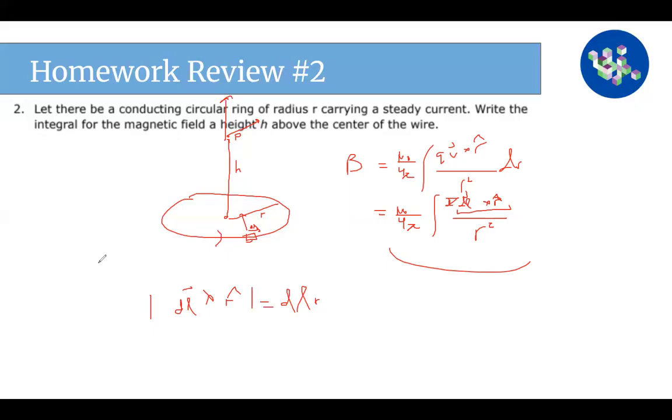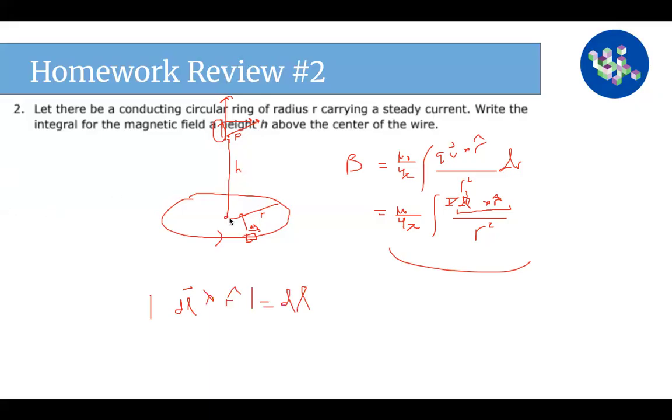So dl times the magnitude of r cap, which is just one, right? So dl. But I have that the dl crosses r has two components, right? A vertical component and a horizontal component, or like radial component. And I only want the vertical component over here. And so how do I find that?